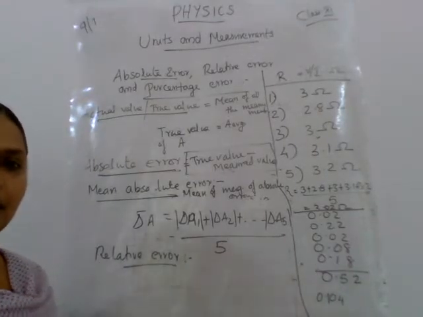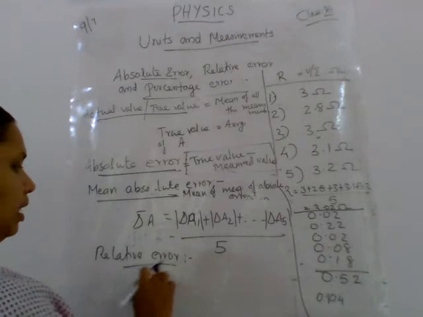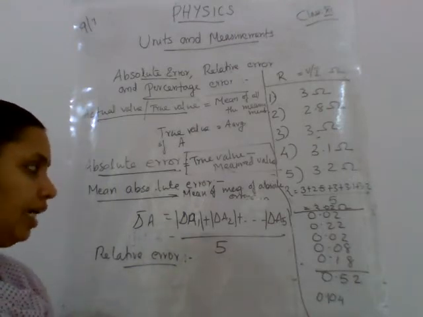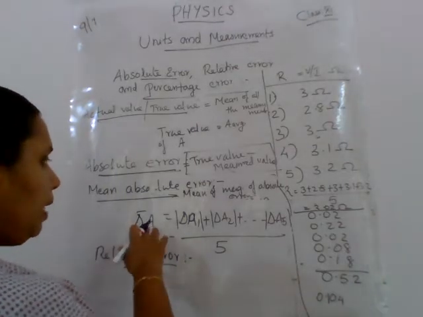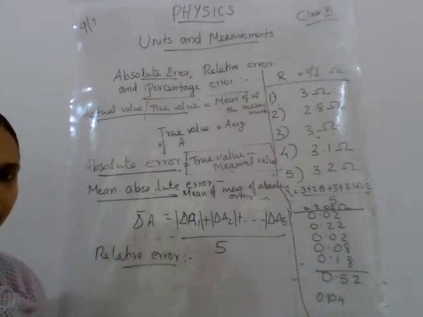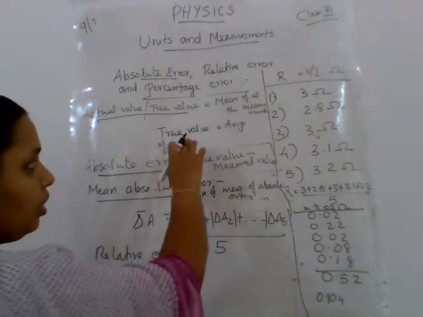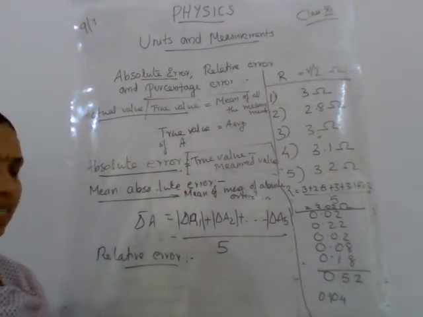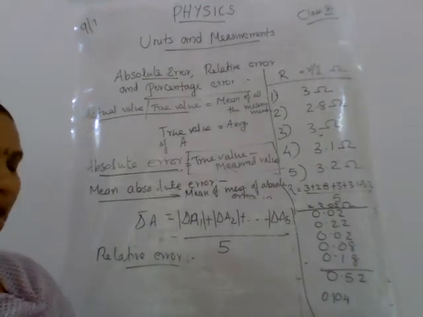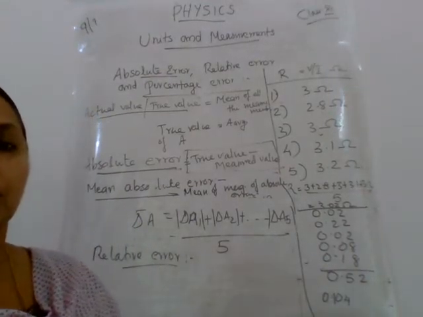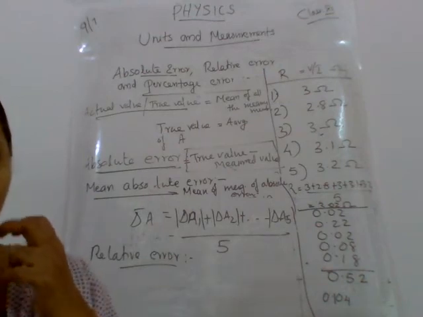Next is relative error. So what is relative error? Relative error is the mean absolute error divided by the true value, or the ratio between the mean absolute error and the true value of a physical quantity.